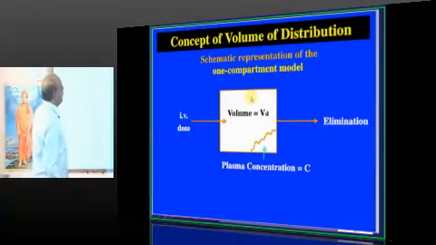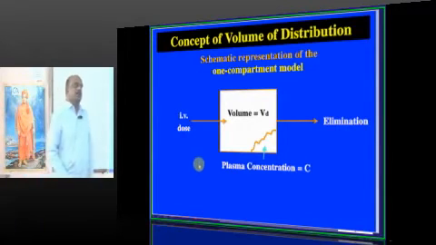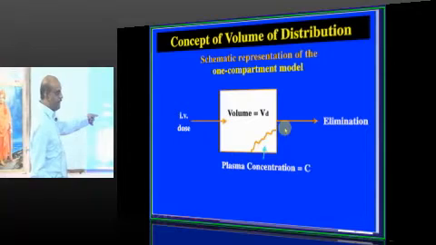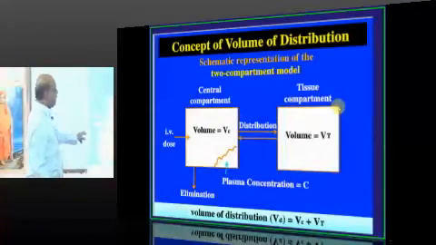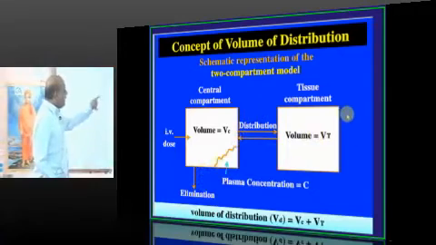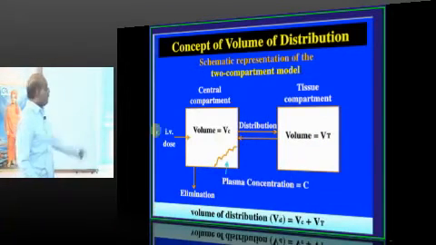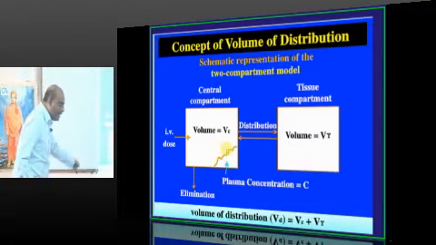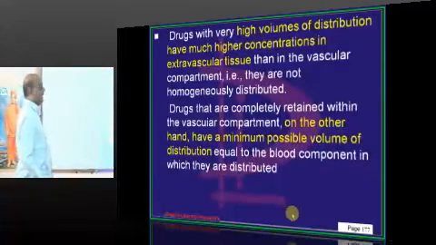Simple. There are two kinds of models. One compartment model: if you give a drug directly, it enters plasma, and from plasma it is eliminated. Two compartment means from plasma it enters the tissue compartment and then is eliminated. How much went into the tissue compartment will decide how much is remaining in the plasma, and that is a determining factor of VD.